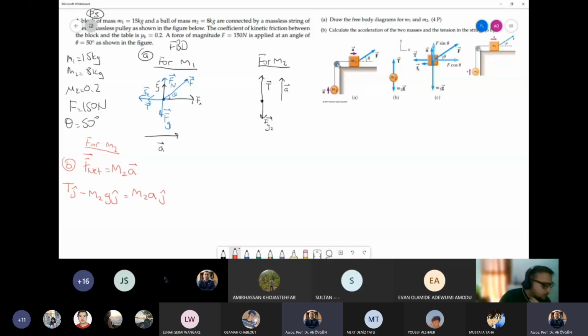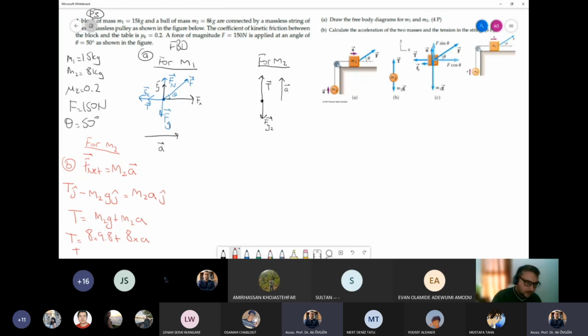From here, you can find the magnitude of T. T is equal to M2G plus M2A. So T as a magnitude is equal to 8 times 9.8 plus 8 times A, but you don't know what A is. So there are two unknowns.